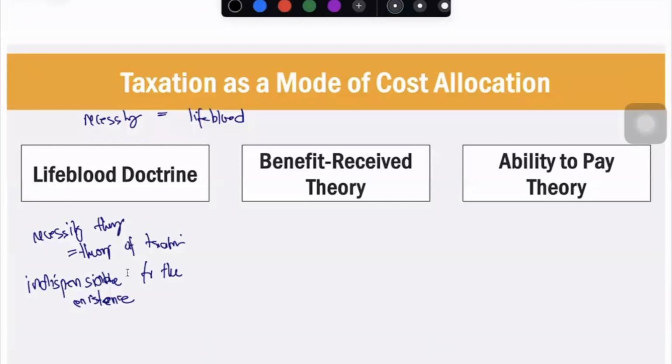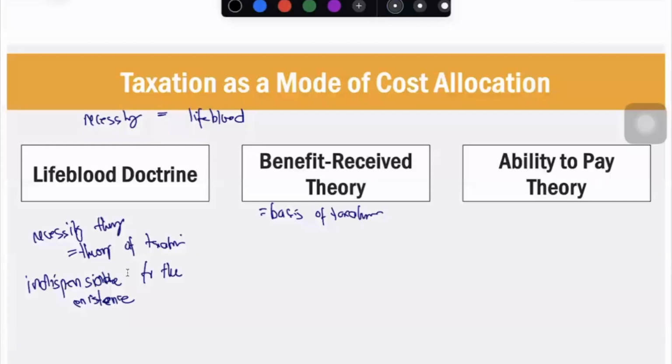Next, we have your benefit received theory. So whenever we talk about a benefit received theory, this is the basis of taxation. What is this basis of taxation? Because you are receiving something out of the services provided by the government, you have also the reciprocal duty to support and protect the government.